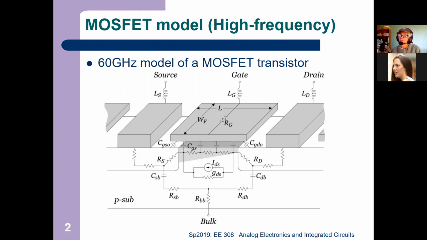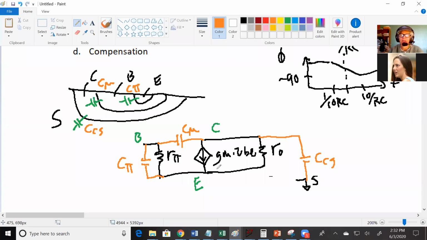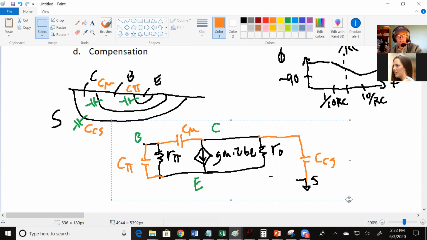This was the model we used, and it really worked well. It really predicted the behavior once we fabricated the chip. But thank goodness that you don't have to use this model. We're just going up a little bit in frequency, so you can just take the capacitors into account and call this good enough for the frequencies that we're at.